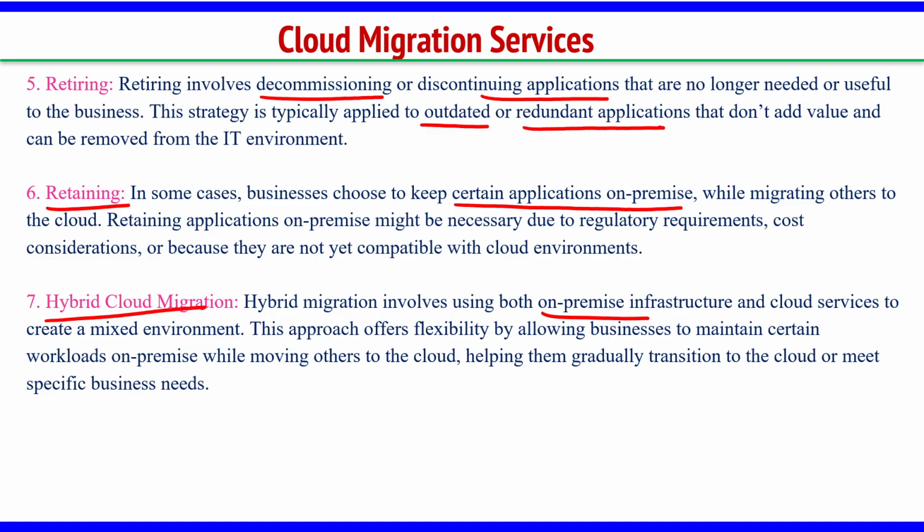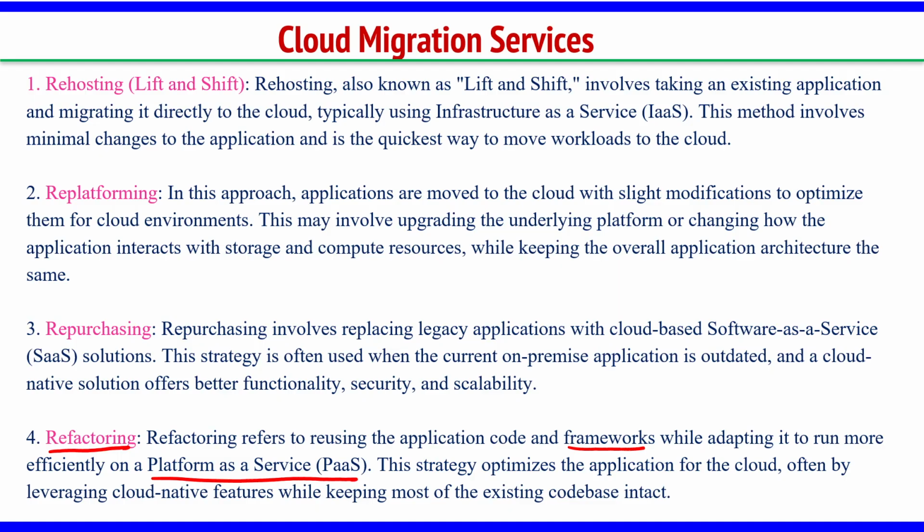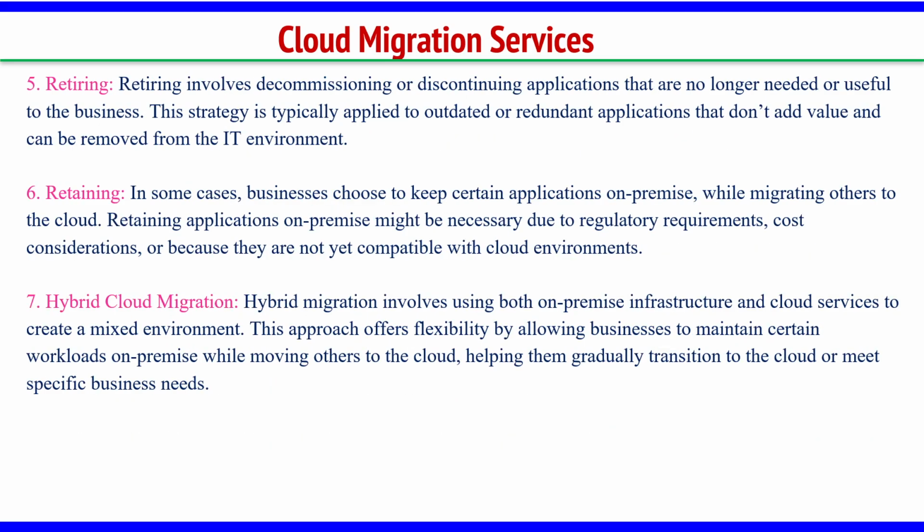We will use both on-premise as well as the public cloud. This offers flexibility by allowing businesses to maintain certain workloads on-premise while moving others to the cloud, right? So these are 7 different types of cloud migration services, right? Rehosting, replatforming, repurchasing, refactoring, retiring, retaining and hybrid cloud migration, right?